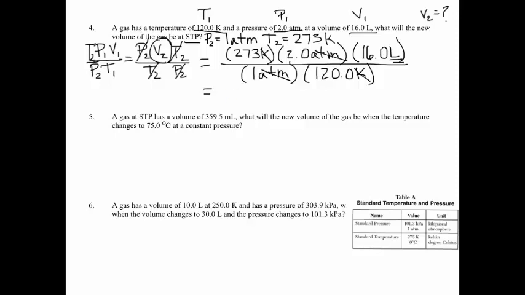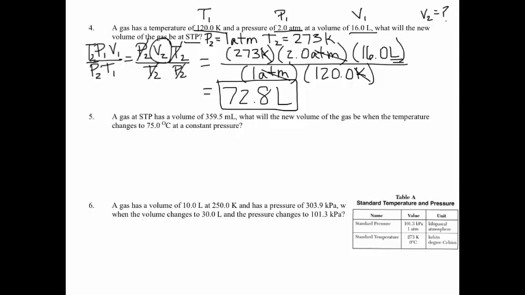And I get 72.8. And remember, our units for volume this time are liters. And the units for volume can really be anything. What really matters is it has to be in Kelvin temperature, and whatever pressure units you were given, you're going to have to give the same units for the standard. So that's how you do that. I'm going to do one more with you, and then the others we're going to do as you pause the video and try it yourself.